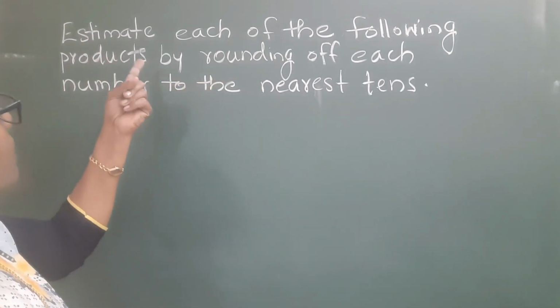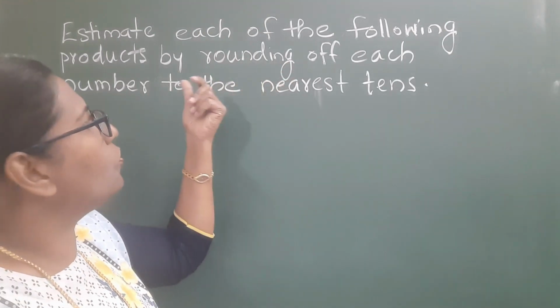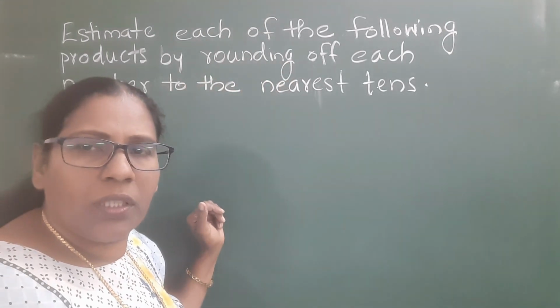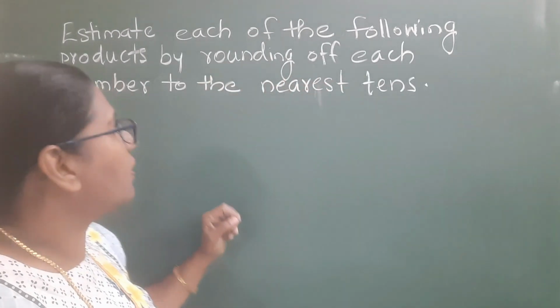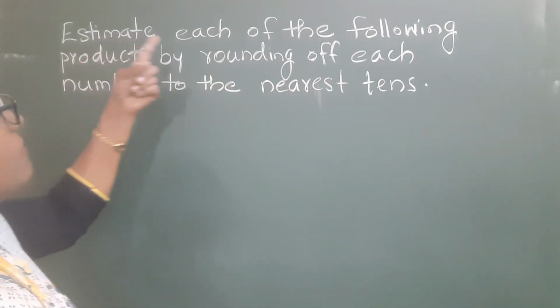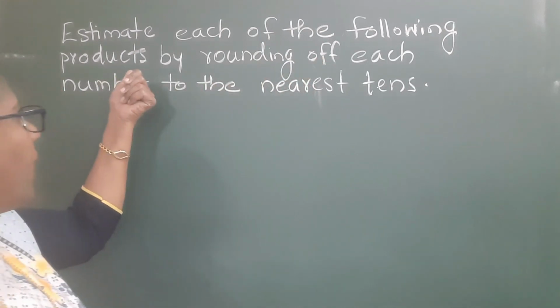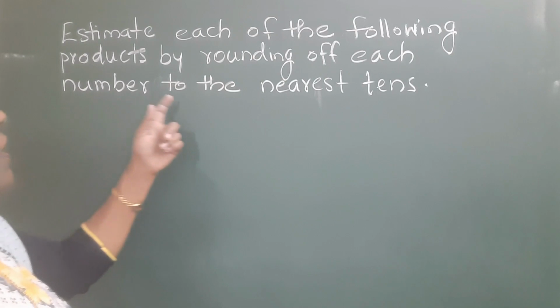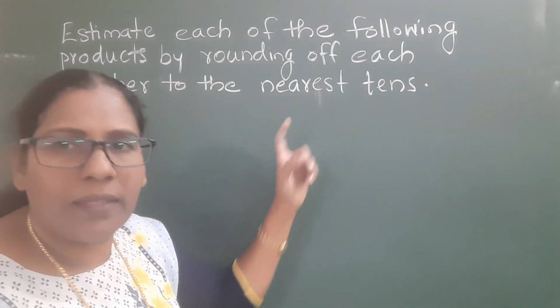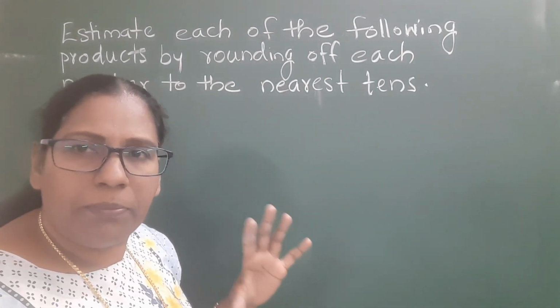After getting the products, by rounding off, how do we do the multiplication after doing the rounding off? Once again, estimate each of the following products by rounding off each number to the nearest tens. That means there are some numbers given.